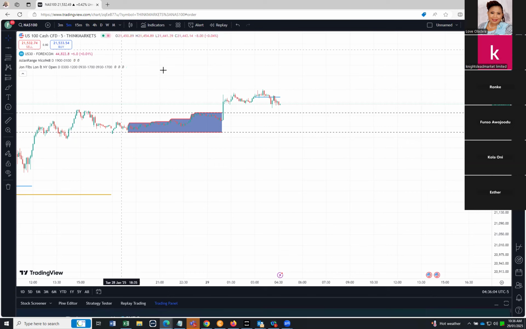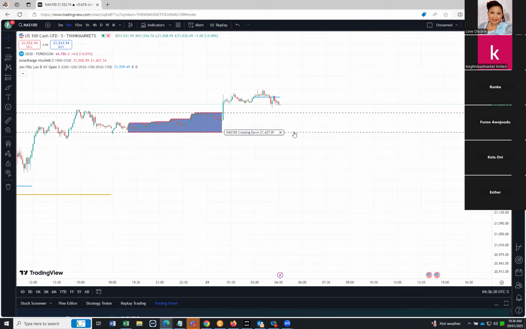So if you register, it also has an app. If you log in to TradingView with your email address, for example, and you use the same email address to log into the app, once you set this alert on your laptop, it will also alert you on your phone.